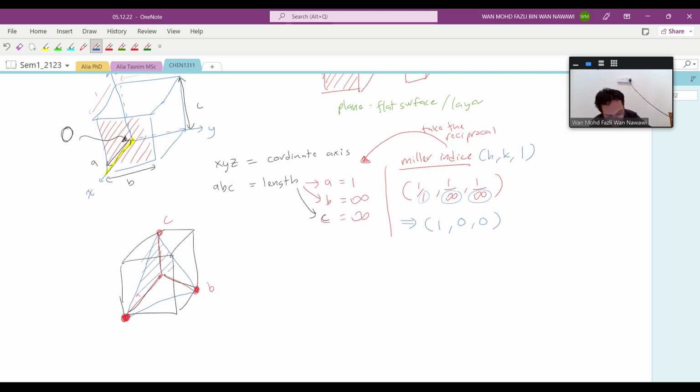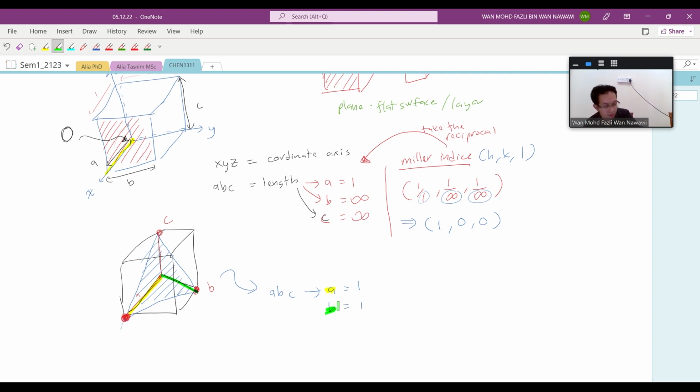So you will end up with a plane like this. If you try to put it in terms of A, B, C, you know that A is 1, because from the origin to this atom, or to the edge, is 1 unit. Let me put it in yellow, 1 unit. And from the origin to B is also 1 unit, so B is also 1. And from the origin to C, here in blue, C is also 1.